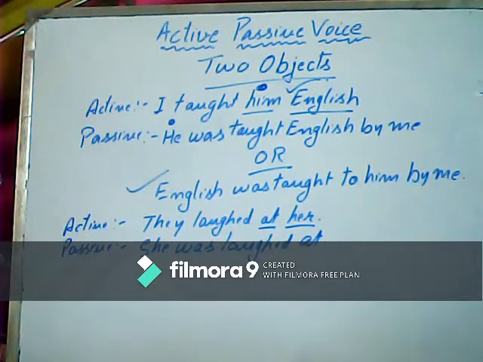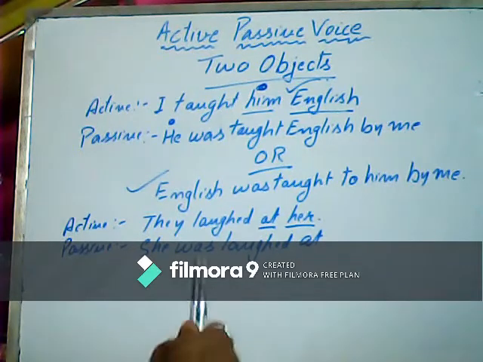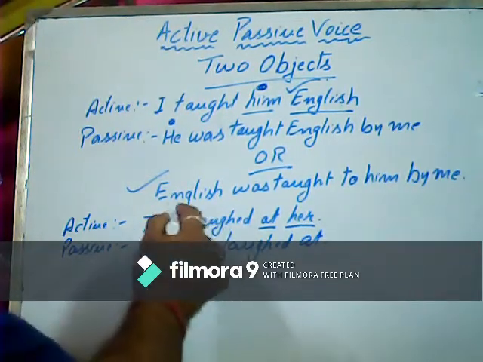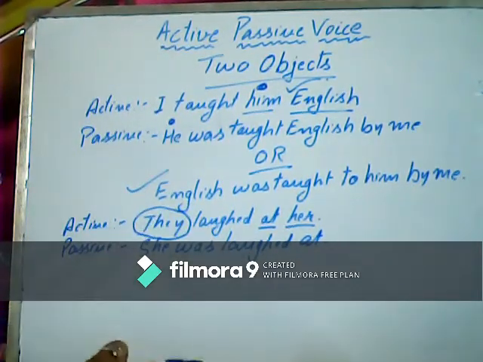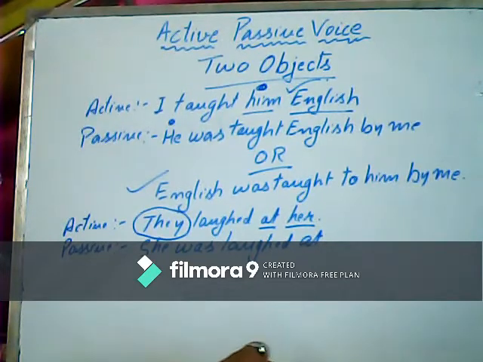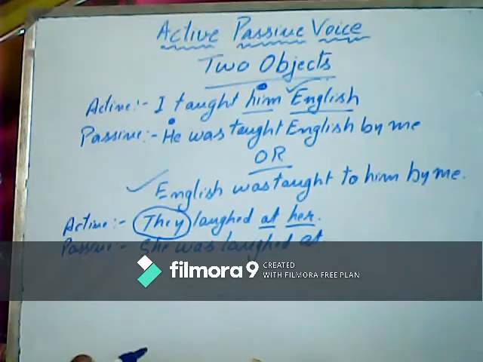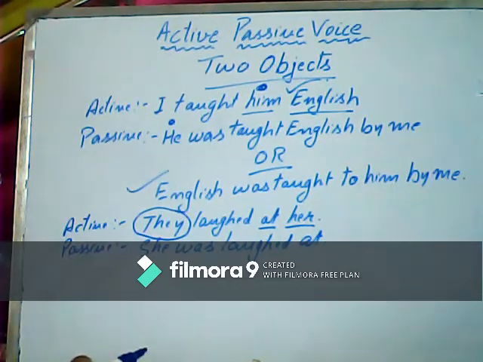Now here I just want to tell you about this type of sentences, where we are not writing they. Why? Normally the rule in English is that if the subject is unknown or vague, at that time it is not necessary to write the unknown subject. So that's why it is not written over here.